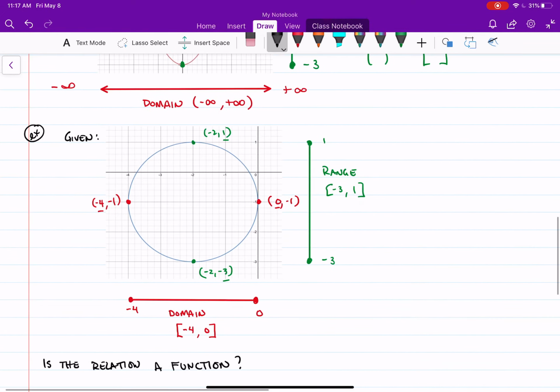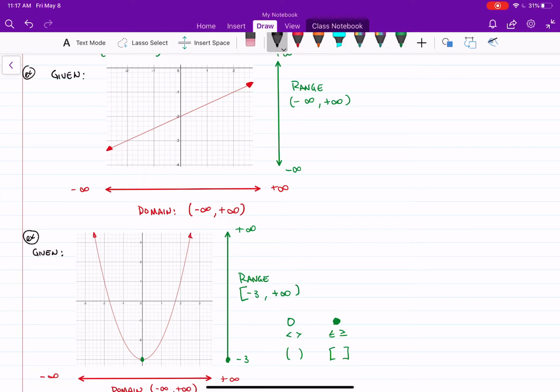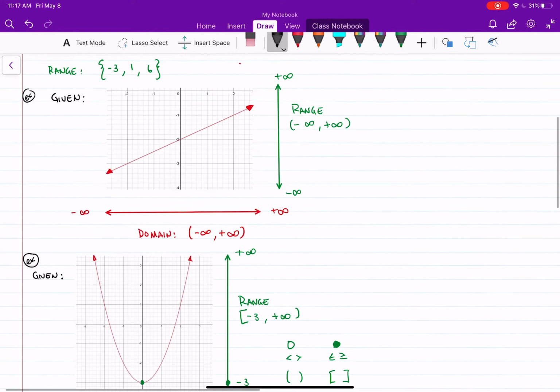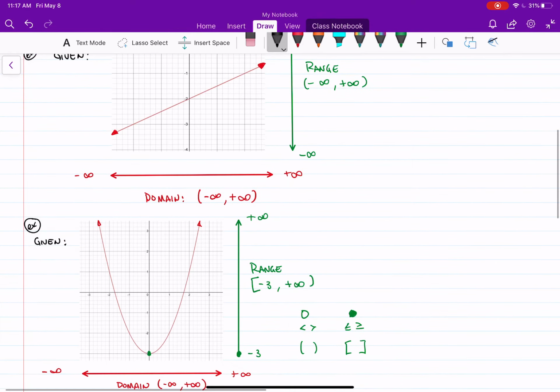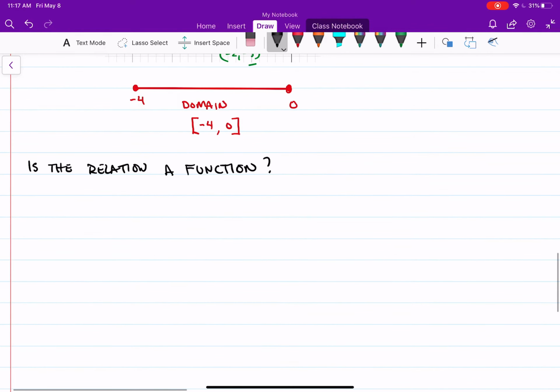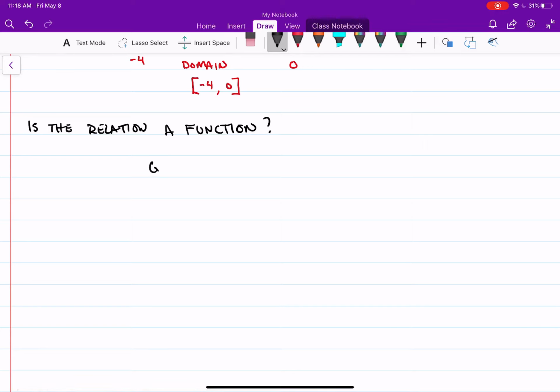Again, what were we given to find domain and range? We were given points to find domain and range, and we were given graphs to find domain and range. So for our function, it's going to be the same idea. We're going to have to know how to see if given points are a function and if a graph is a function. It's pretty easy. For a graph, we're going to use something called the vertical line test.